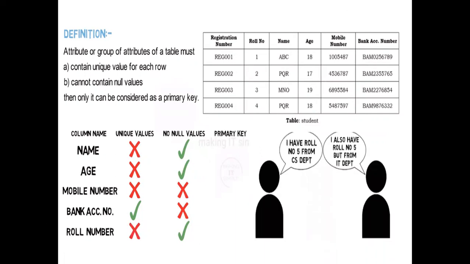So one student from the CS department having roll number 5, the same roll number may be available for an IT department student also. That's why in that particular case, we don't get the unique value for the roll number. If you consider the database for the class, then obviously it may be considered as a primary key. But here we have considered the university, and that's why here it is not considered as a primary key.